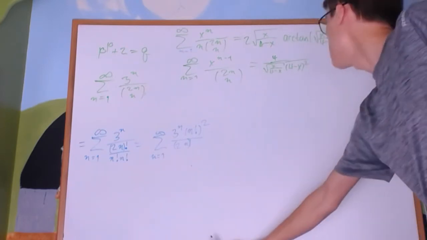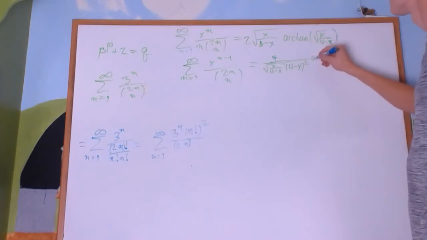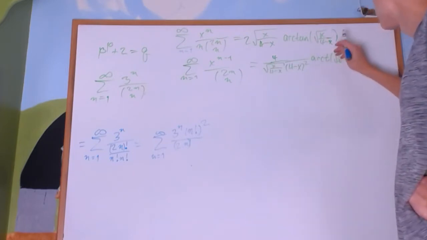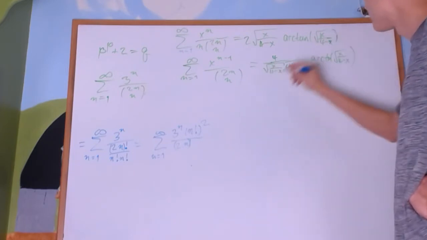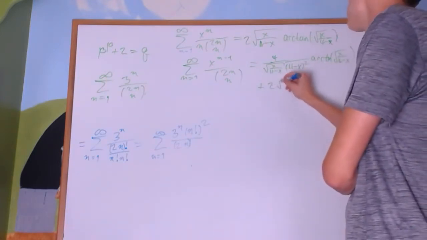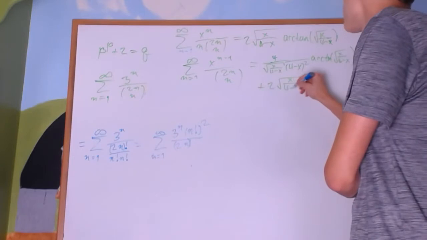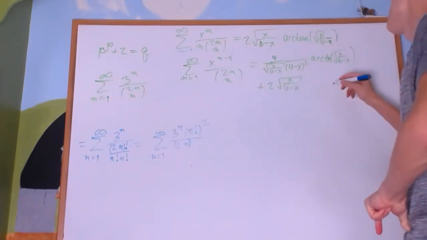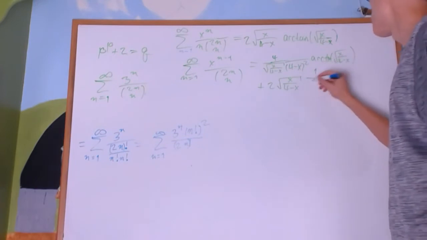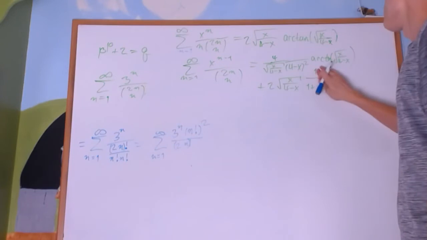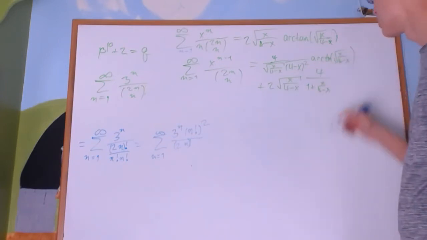Multiply that by arctan of the same thing. This is just a lot of work. Plus 2 rad x over 4 minus x. Arctan goes to 1 over 1 plus the thing squared. Then on the top it's 4.